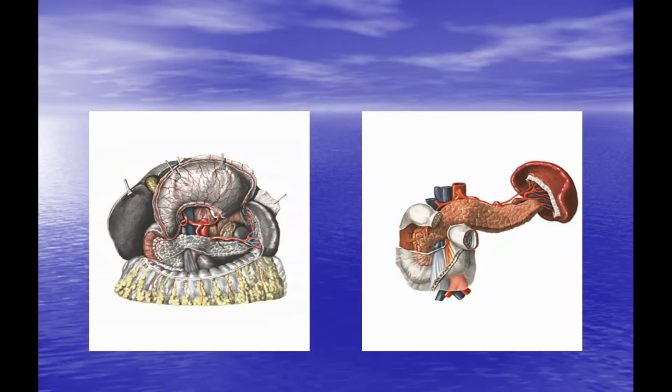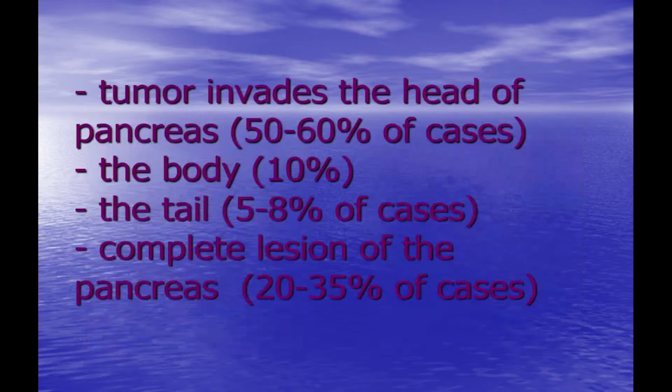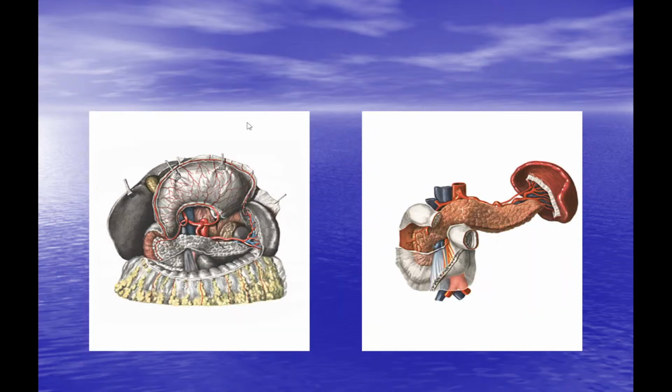Here a very important thing: under the neck of the pancreas, two major vessels, the superior mesenteric artery and superior mesenteric vein. And here we see it.